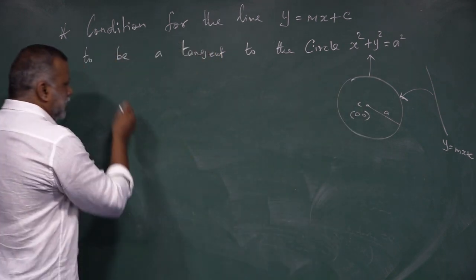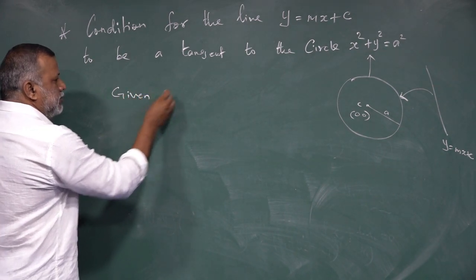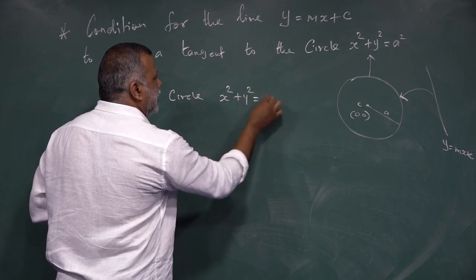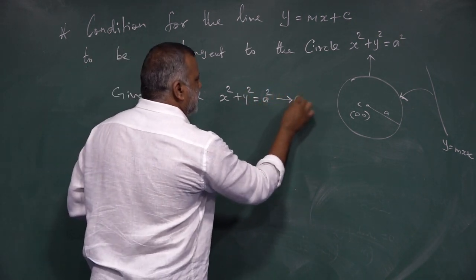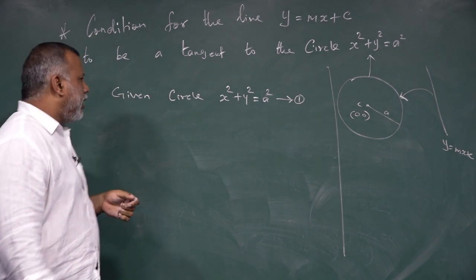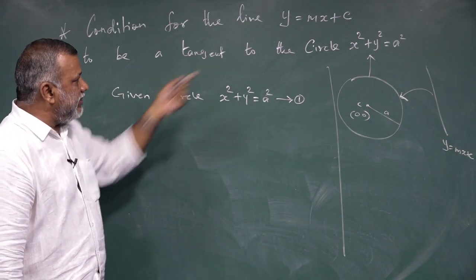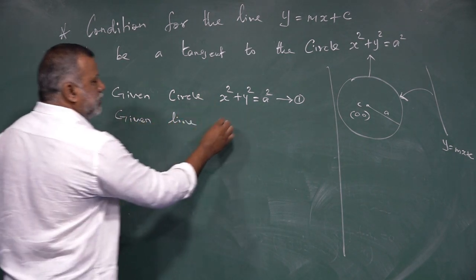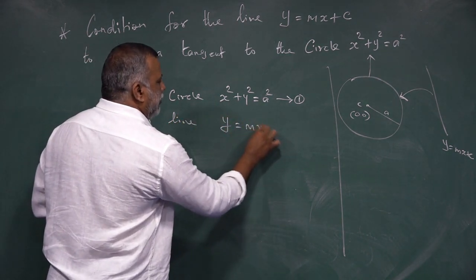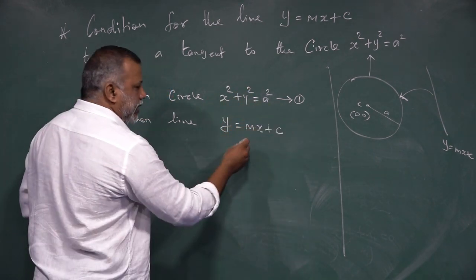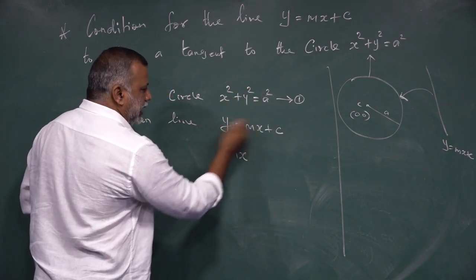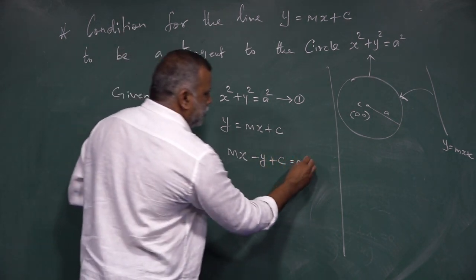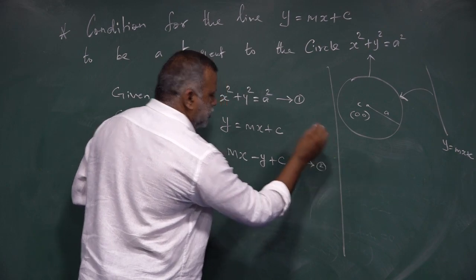This is equation number 1. One more line is given, y equal to mx plus c. I can bring y to the same side and write mx minus y plus c equal to 0. Say this is equation number 2.